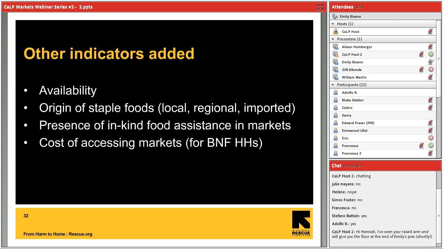And then a third reflection is that while prices are a really good indicator of changes in markets over time, adding other indicators can help you assess why prices might be changing, so that you don't have to then go back and do additional analysis to figure out why prices are changing.